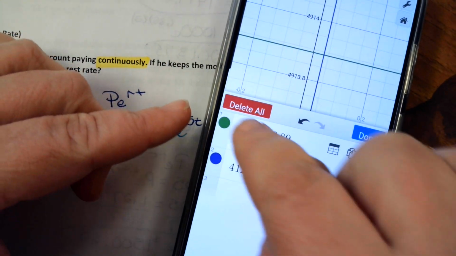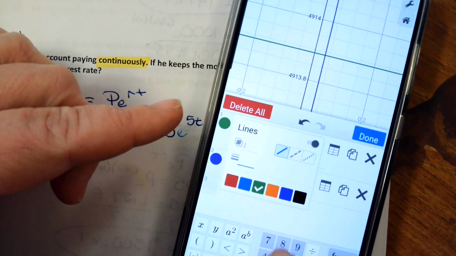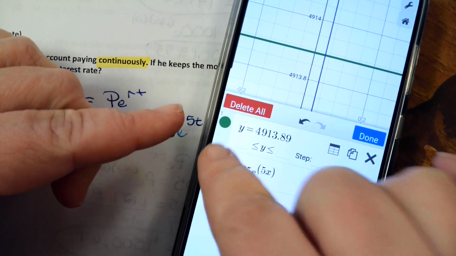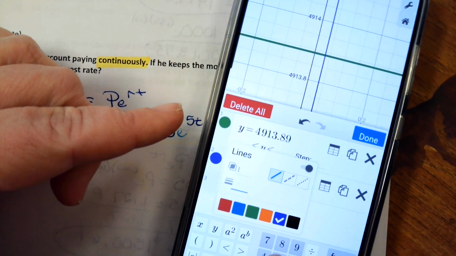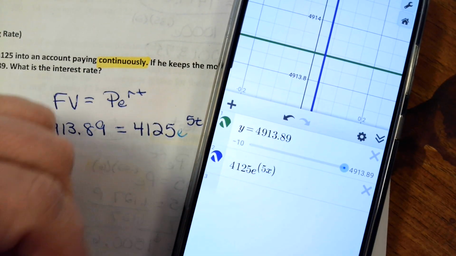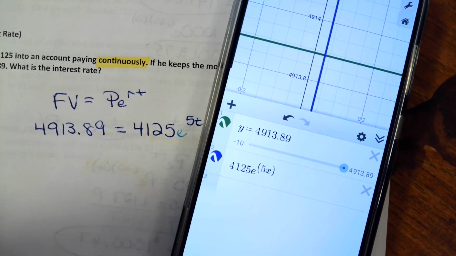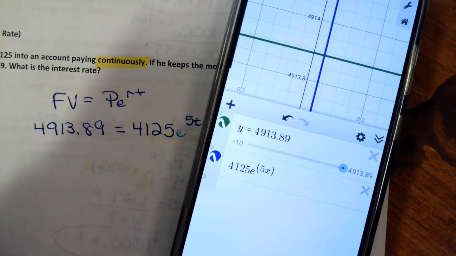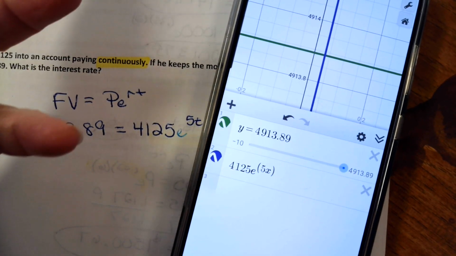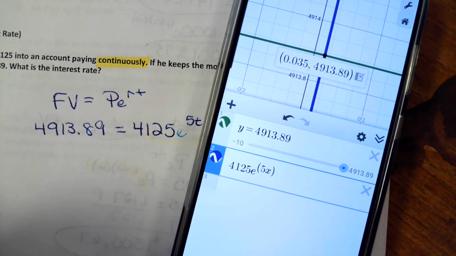Let me make these a little thicker so you can see. When it's really small, like it originally was, when you tap on it, you might accidentally tap on the y-intercept and get the wrong answer. So I want to make sure I get the right answer.